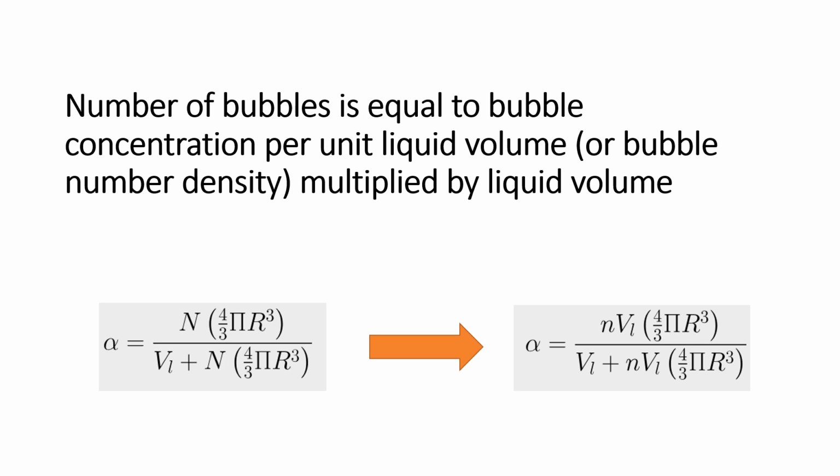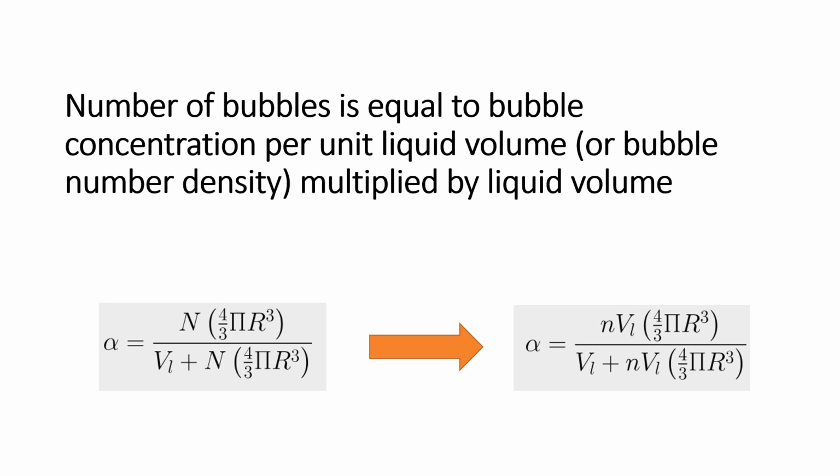Now we want to make this substitution in the form of liquid volume. So what to do? The number of bubbles can be defined as the bubble concentration per unit liquid volume multiplied by the liquid volume. You can also call it the bubble number density, bubbles per meter cube.